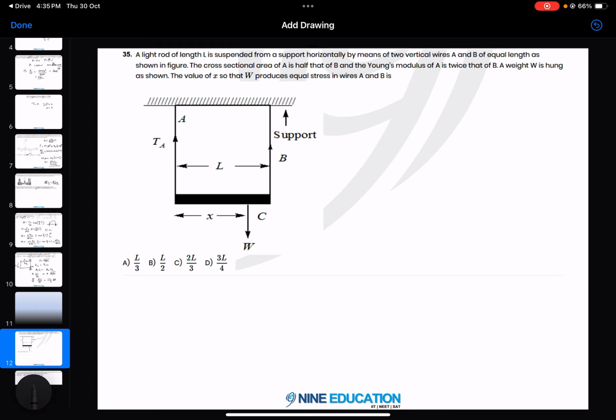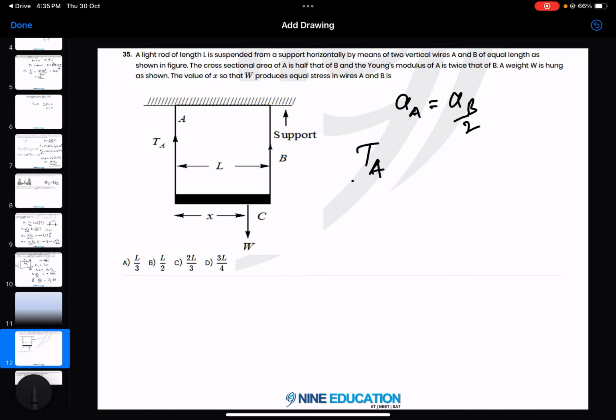It is given the cross-sectional area of A is half that of B. So the cross-sectional area of A is the cross-sectional area of B by 2. Now he said in the question that stress and strain are the same for both of them.